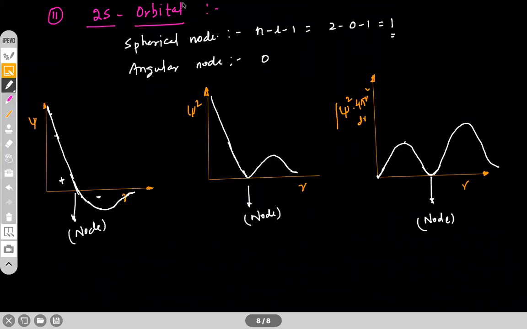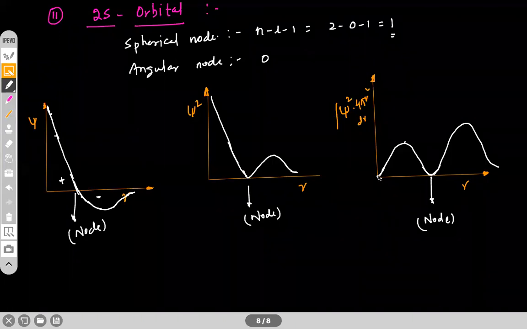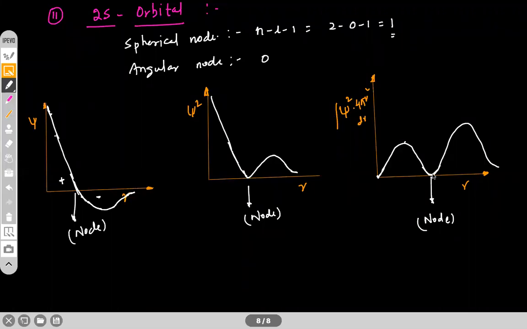So if it is given as 1s, 2s orbital, then we can have a graph like this. It will have only one node. Remember, this is not a node, this is a nucleus, right? So the number of times it touches the x-axis would be the number of nodes we have. So for 2s, it will touch the x-axis only once. This graph won't touch the x-axis here, right?